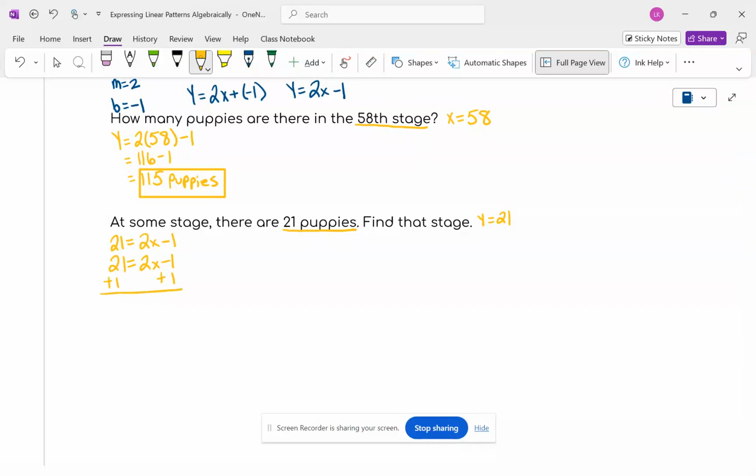Because we only have x values on the right-hand side of this equation, we don't want to move the x, because that's just going to make our lives more challenging. So the x is going to stay right in place. 21 plus 1 is 22, which is equal to 2x. We're going to divide both sides by 2 here. And x equals 11. So at stage 11, there are 21 puppies.